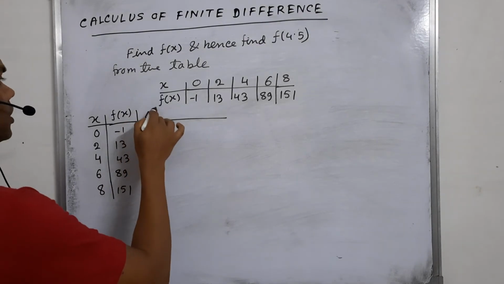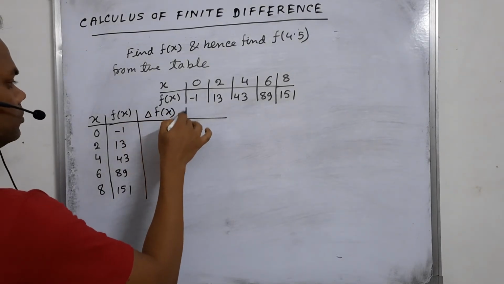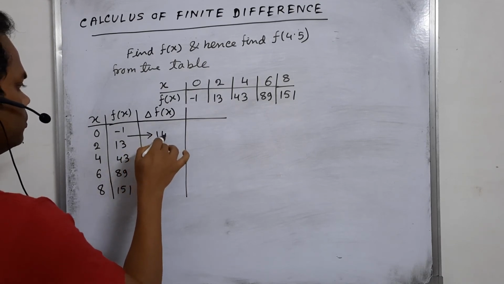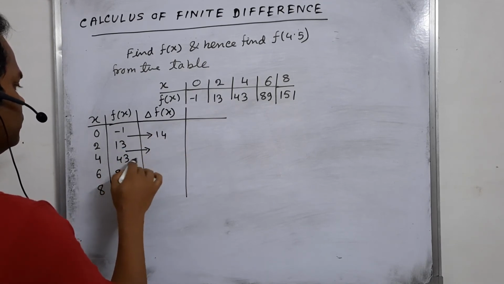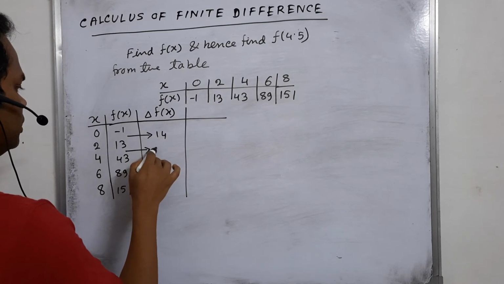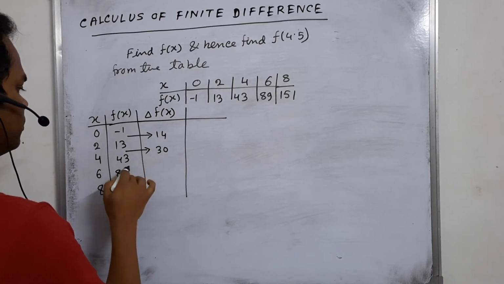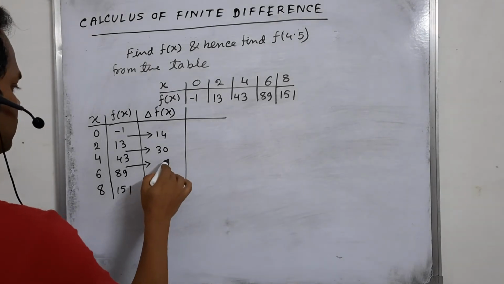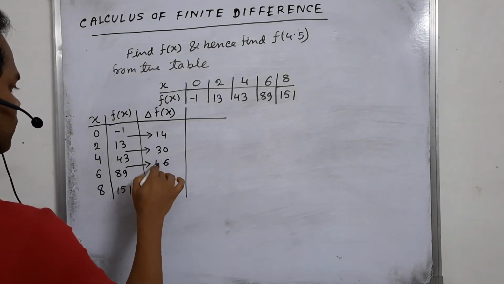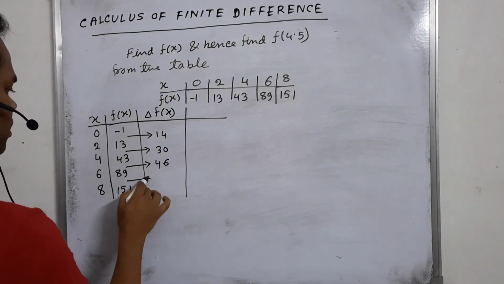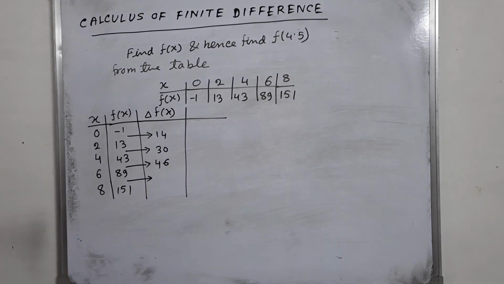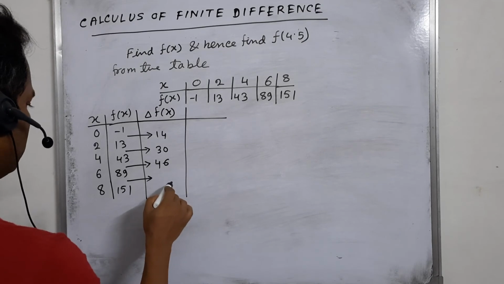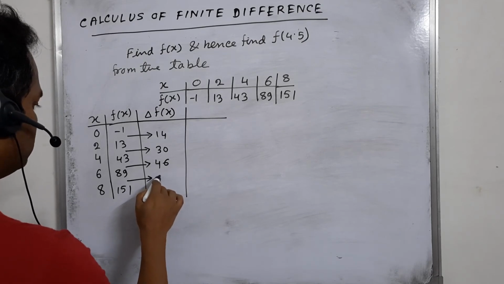So del fx is second minus first: 13 minus minus 1 is 14, 43 minus 13 is 30, 89 minus 43 is 46, 151 minus 89 is 62.